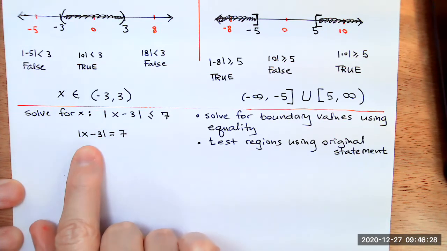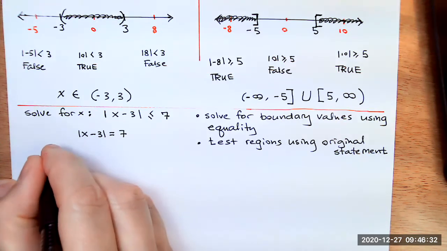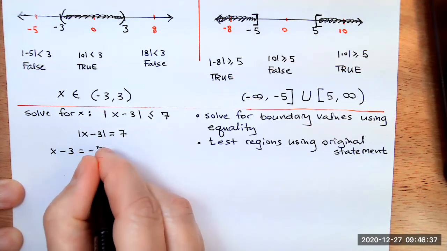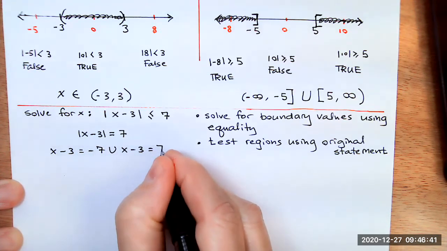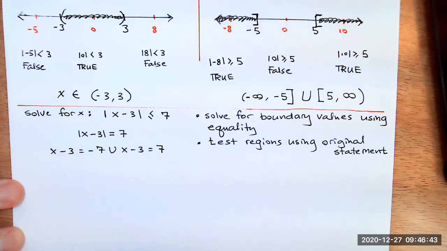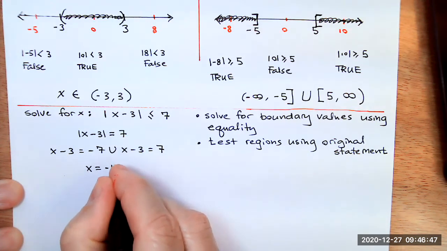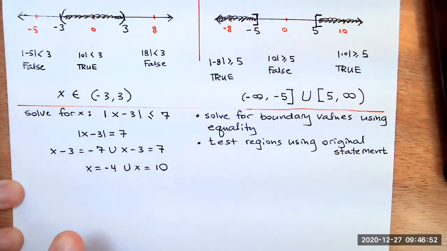Solve this absolute value equation, and remember that you get two equations. Solve the two equations. And these are my boundary values.